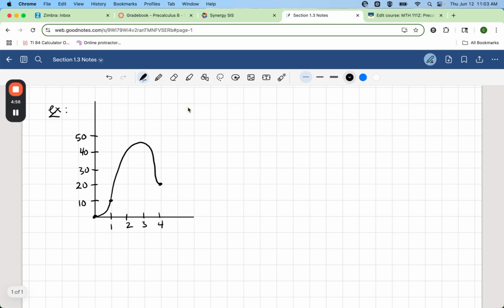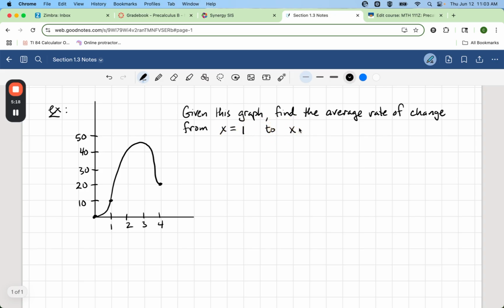Given this graph, find the average rate of change from x equals 1 to x equals 4. To do that, it would be beneficial to draw those ordered pairs. That ordered pair there is (1, 10). This ordered pair here is (4, 20).